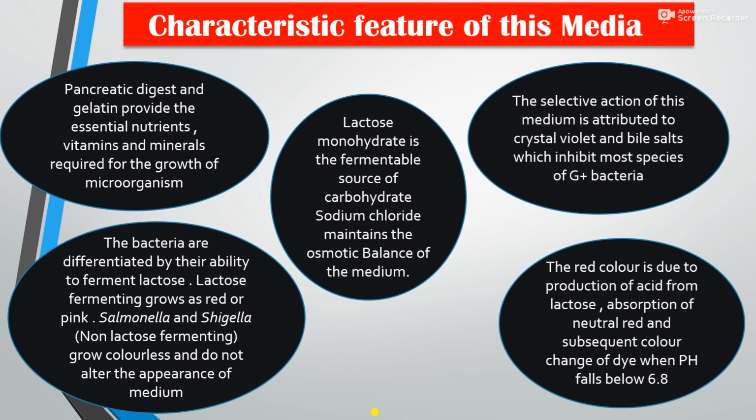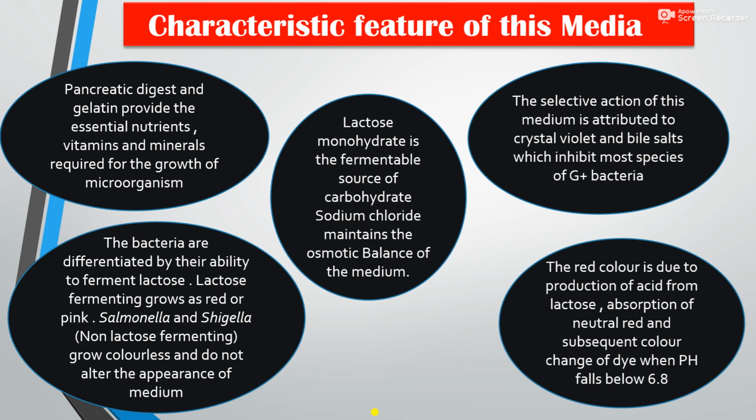So where does the color come from? When the E. coli grows, it converts lactose into acid. The pH falls, and the neutral red dye, which is already present, is a pH indicator.